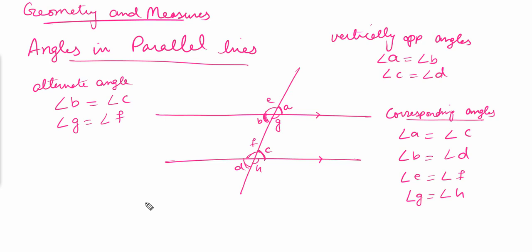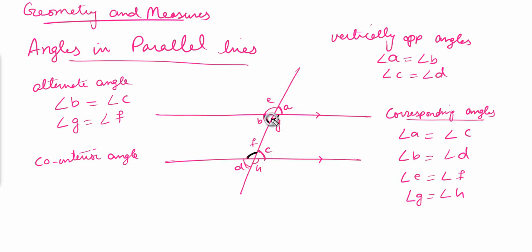Now there's another type of angles in parallel lines, and they are called the interior opposite angles, or we can say co-interior angles. In this one, angle B and angle F are the co-interior angles.